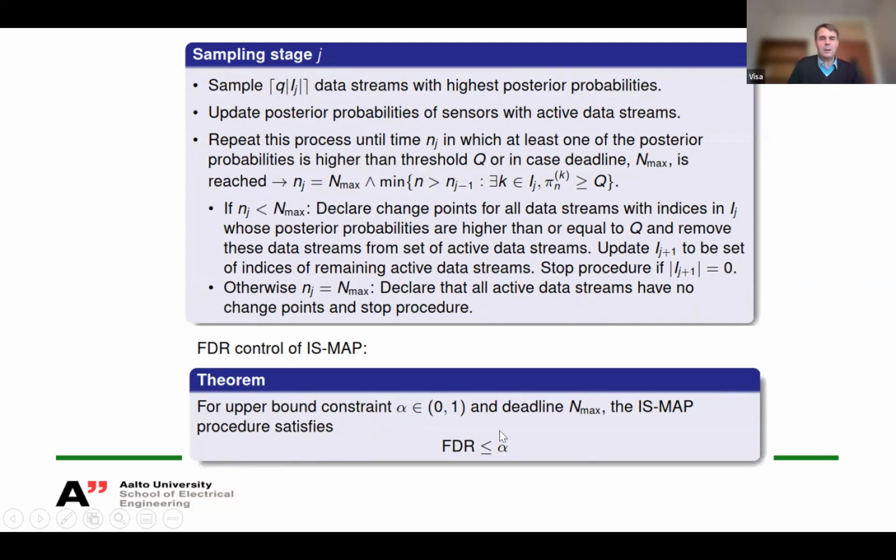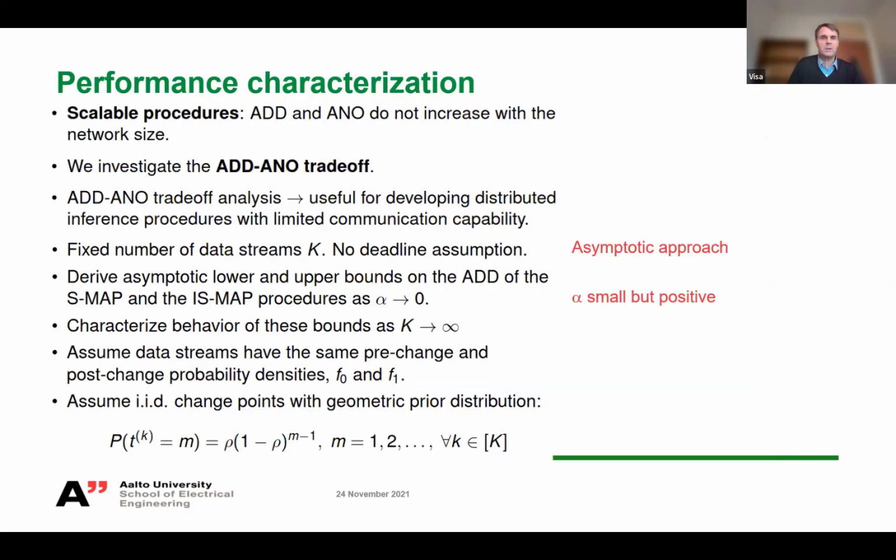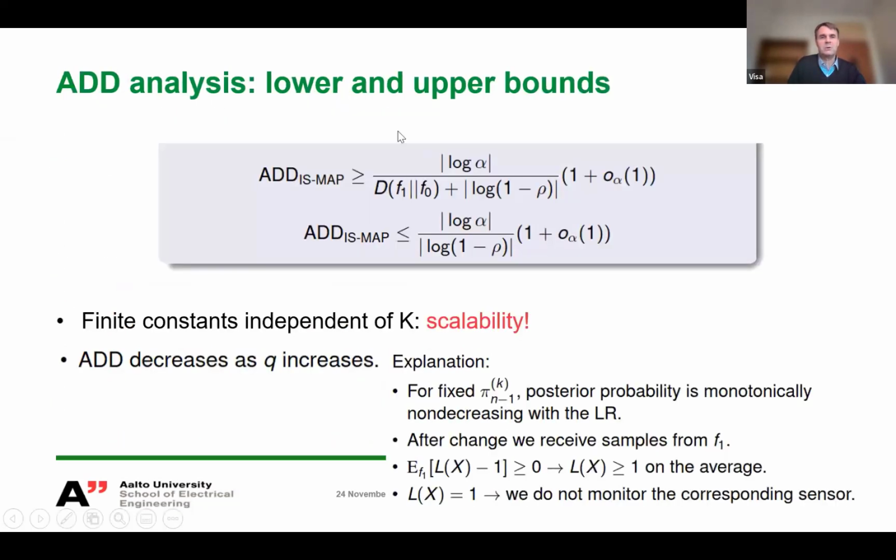All right, but anyway, the idea is that you will control this FDR and make sure that it remains smaller than the threshold value you wish to have. And we will also investigate this ADD-ANO trade-off. I will just show you that we have established results on the lower and upper bounds for this average detection delay.